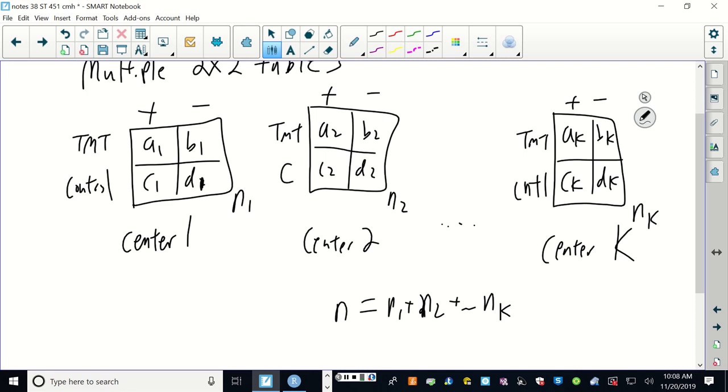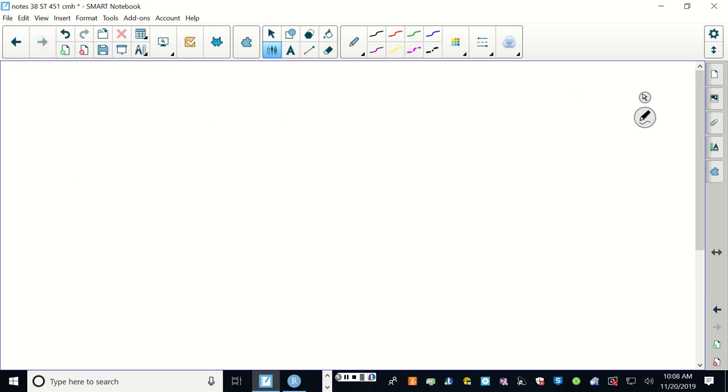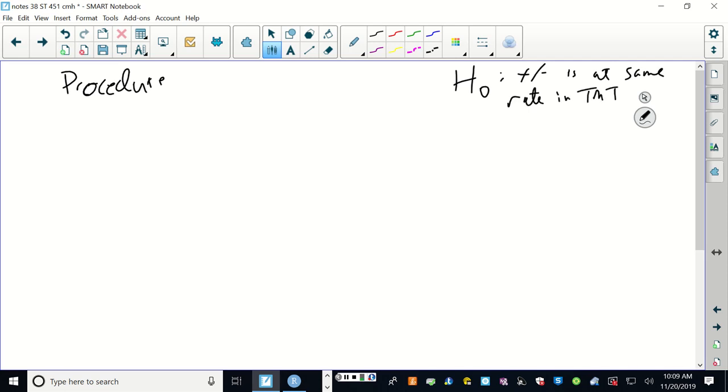So we want to test whether there's an association between treatment and control and positive and negative, but accounting for this other thing. And so the procedure for doing the test, the hypothesis is positive, negative is at the same rate in treatment and control.